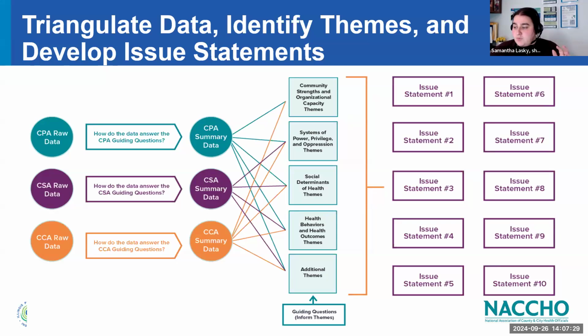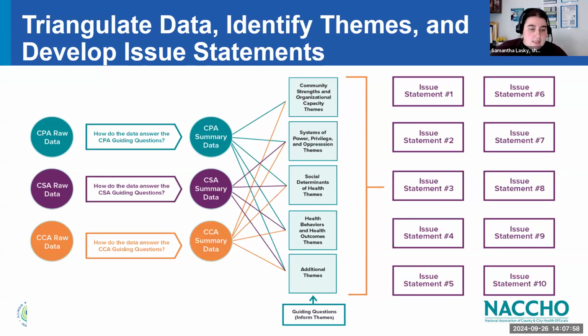The graphic that you see on the slide depicts the entire triangulation process. The process begins as soon as the data from each assessment has been collected and ends with the development of issue statements, from your left to your right. Similar to the rest of the steps of phase 2, it's important to work with your design team to identify these issues, themes, and issue statements.